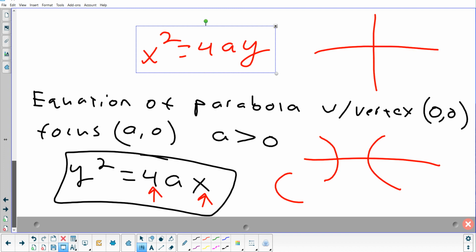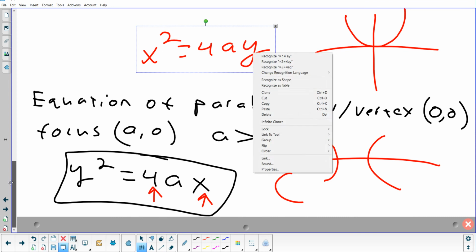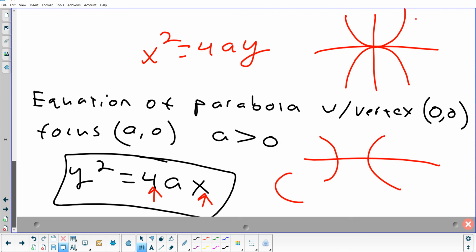So in this case, this would be a parabola opening up. Up because that's a positive 4, and that's a y. If you make that a negative 4, then it would look like this. If you make this letter an X and you keep this positive, it would look like this.